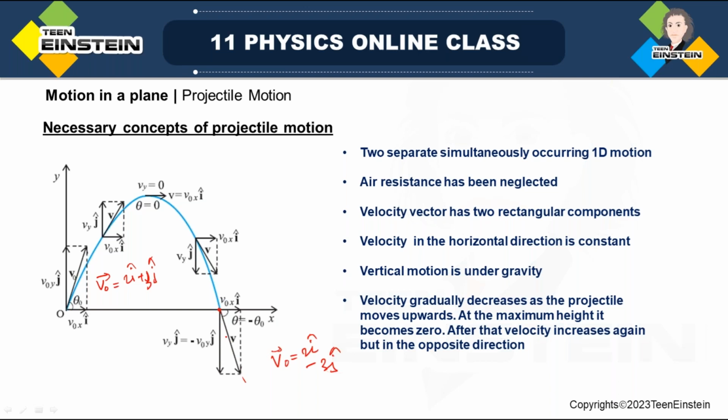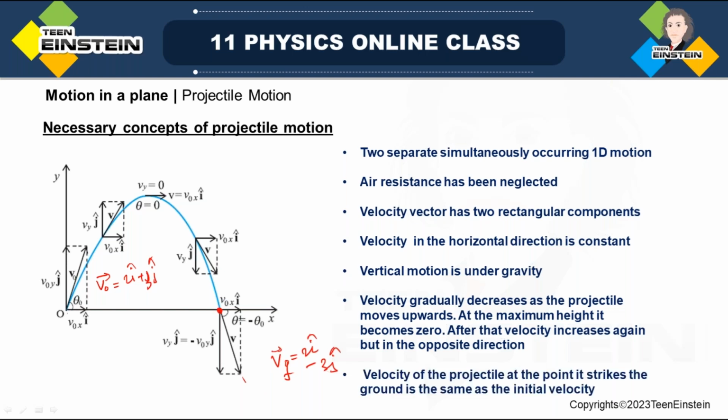So this is the velocity vector after landing, and the magnitude of the velocity while landing will be the same as the magnitude of the initial velocity. This we should write as the final velocity. All right, so with this we'll just go to the next part.